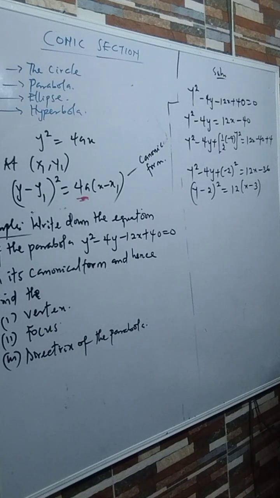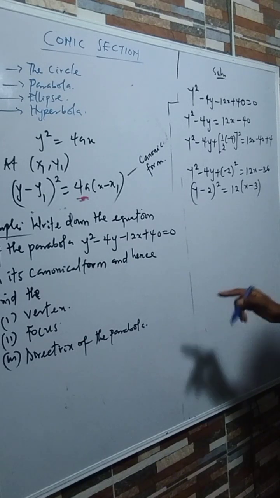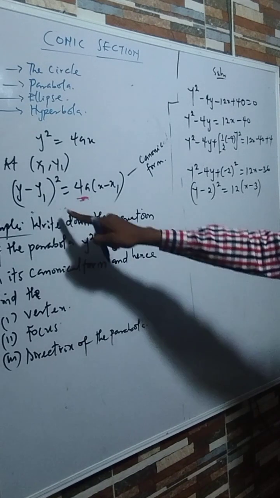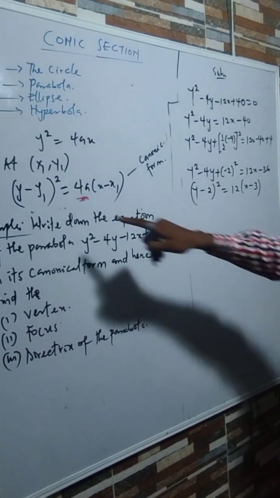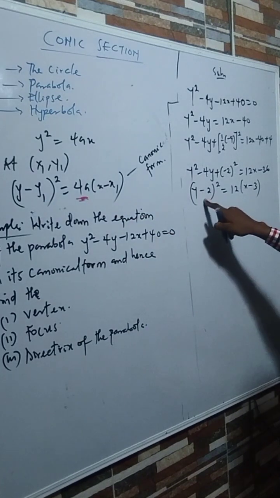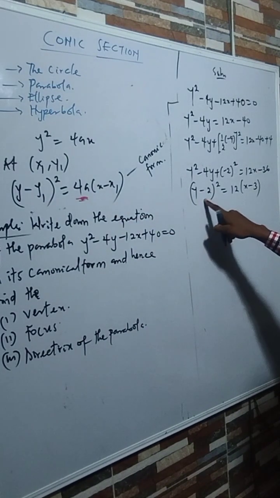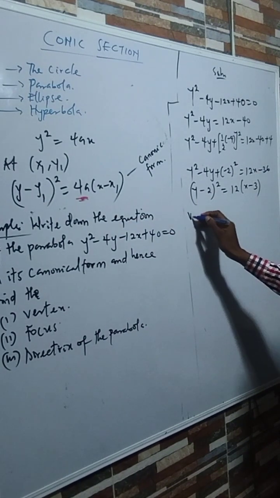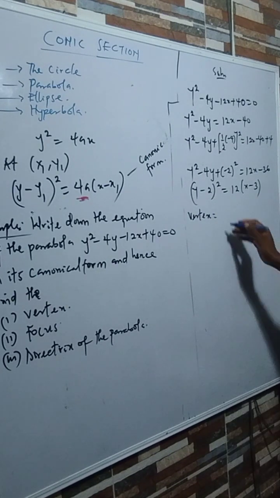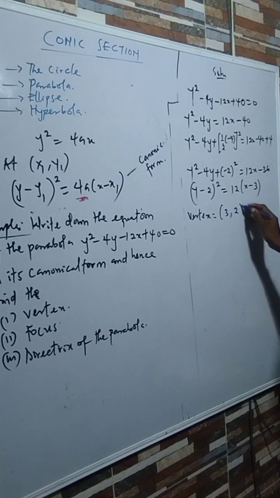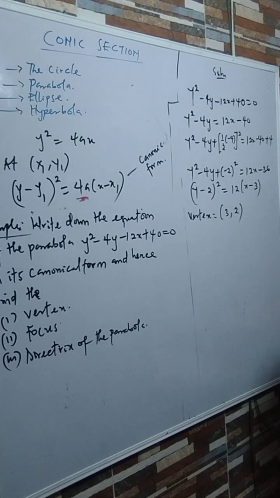So now, my vertex, question number 1. If you compare it with this, this will be my y is equals to 2. So that means we are having the vertex here. The vertex in this case is 3, 2. That's the vertex. And if you have the vertex, I can actually show this.